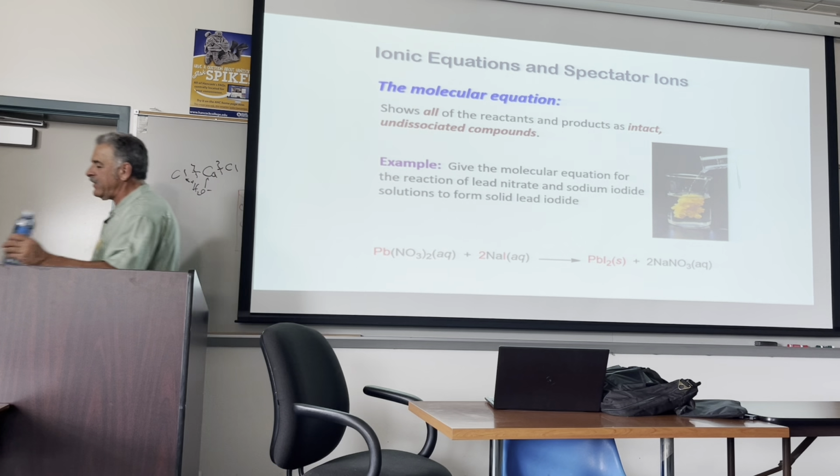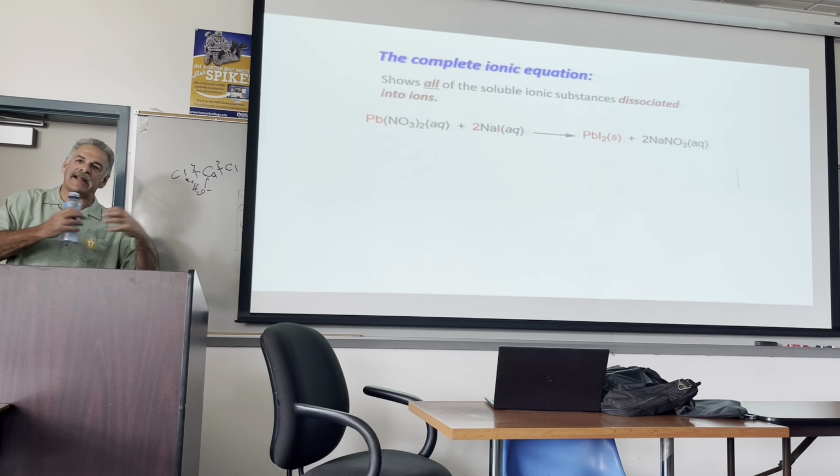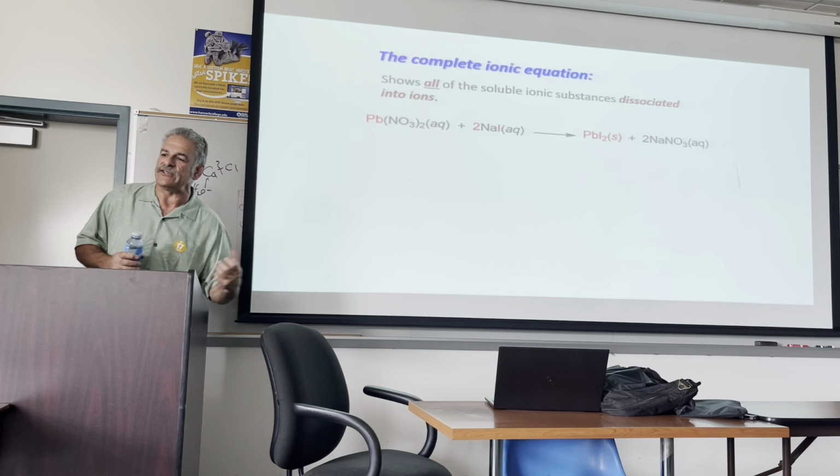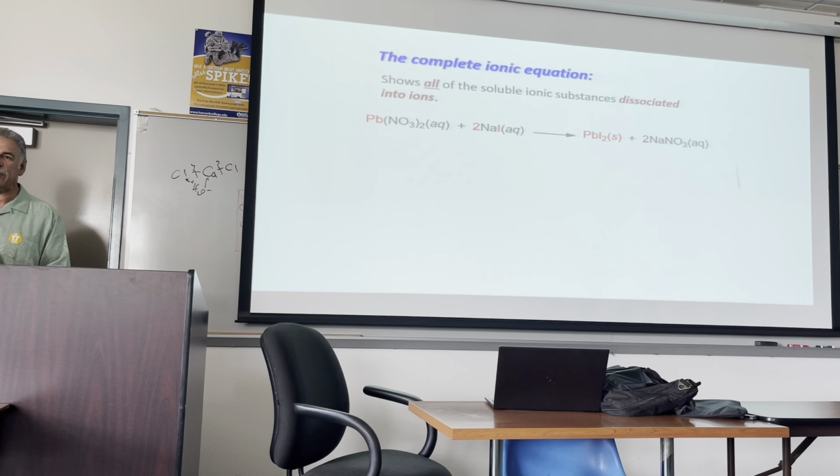Okay. Then the next thing we do is the complete ionic equation. That's where we take the compounds apart as they dissolve in solution. We can make a beaker diagram if we so choose. It shows all the soluble ionic substances dissociated into ions.